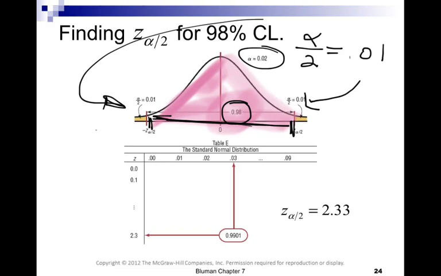Okay, so anyway, we go in just like we did before, and you look for the area inside the z-table, and then you read to the left and up to find your score. So for 98% confidence, it's 2.33, which makes sense. It should be between the 95% level and the 99% level.